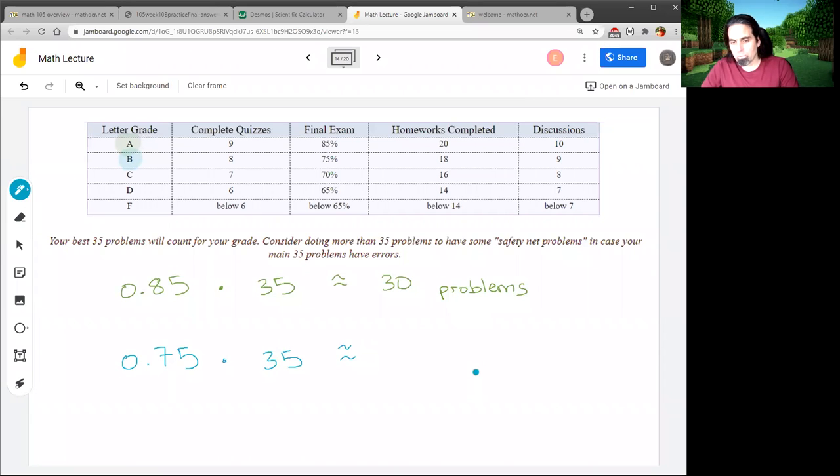So you need about 26 correct. And again, that might actually look like 24 correct and then 4 others halfway correct or something like that. So if on your practice tests, you're getting 26 or 30 correct, then you're on track to get an A or a B.